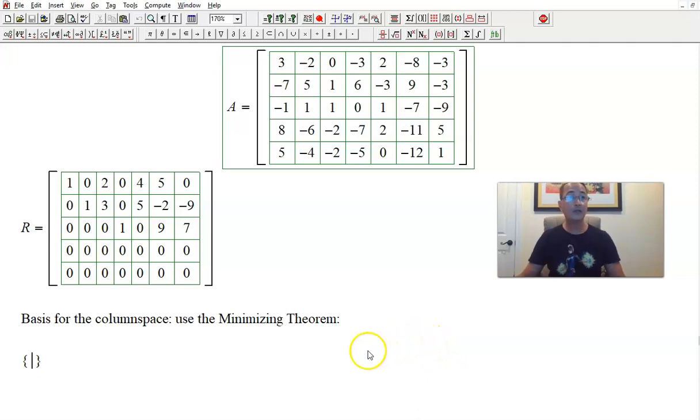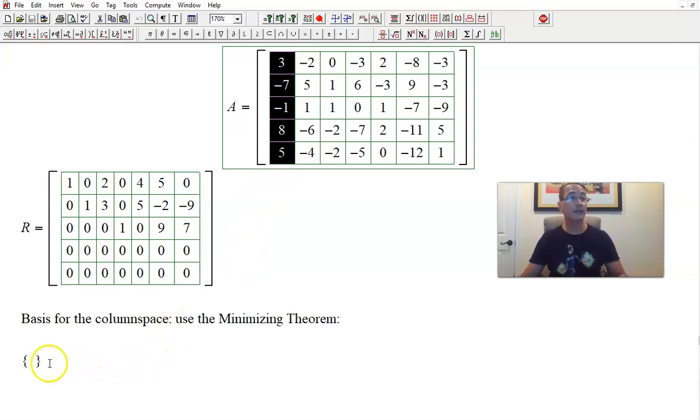Now for the column space, we will apply the minimizing theorem. We just look for the leading ones, and we copy down the columns in the original matrix corresponding to the leading ones. We don't copy this column, that's just E1. The information is actually found in the original column 1.